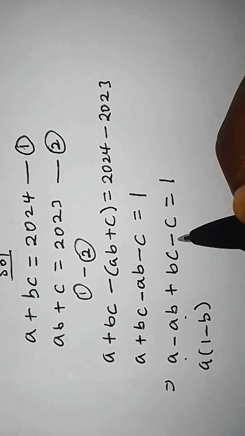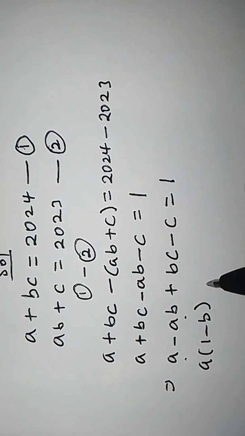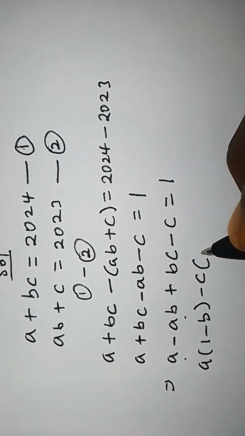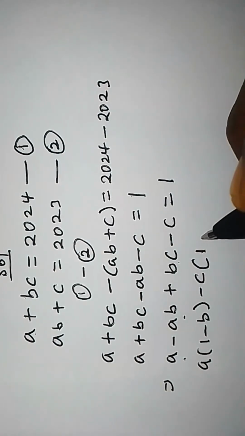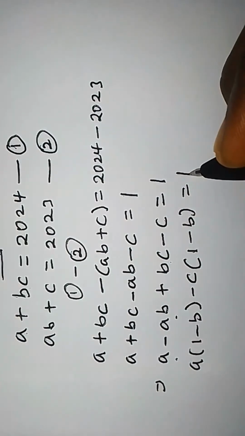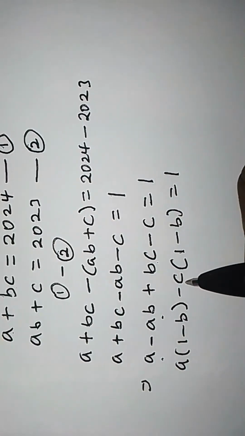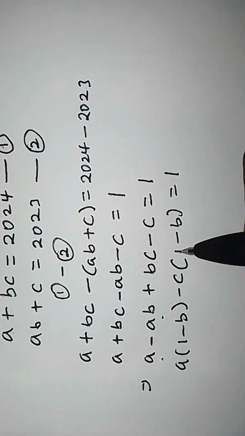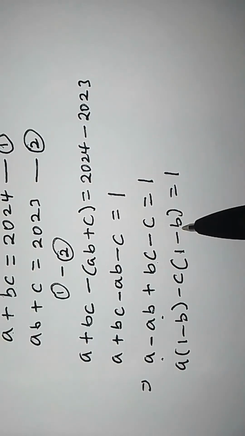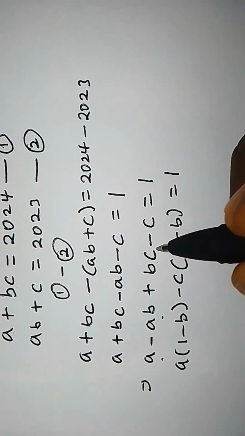Let's factor out minus C. So that will be minus C into 1 minus B equals 1. That is, minus C times 1, that is minus C, times minus B, that is plus BC.